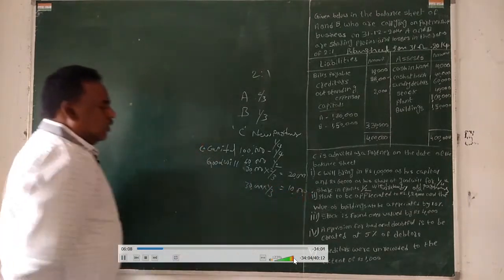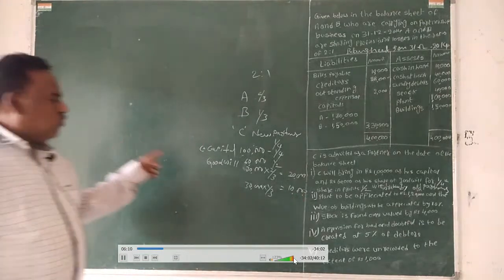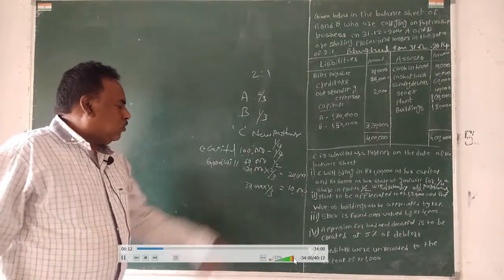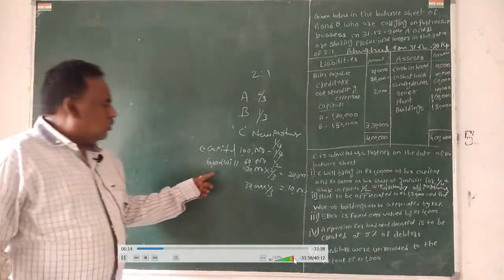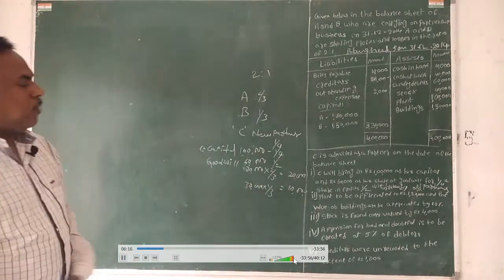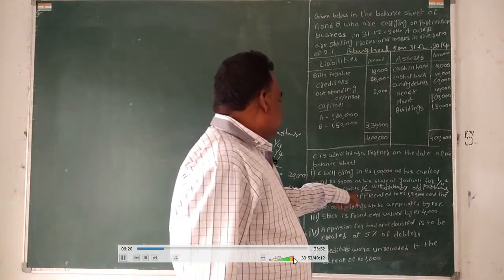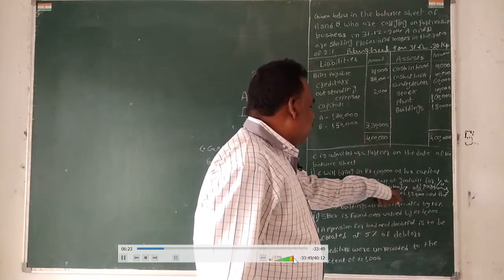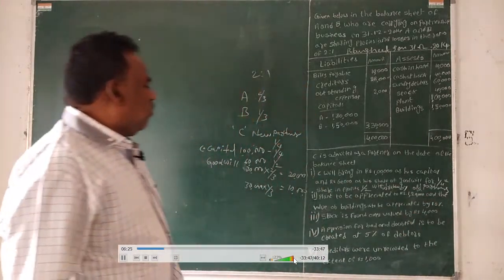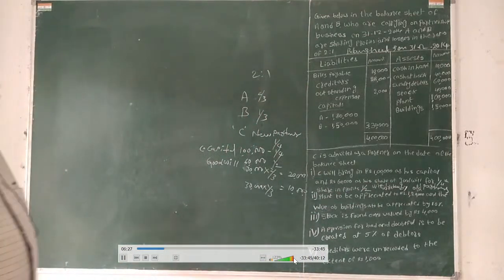Now another adjustment: plant is to be appreciated to 1,20,000. The plant cost in the balance sheet book value is 1 lakh, and it was appreciated up to 1,20,000. So 20,000 has been increased in plant. The value of plant increases from 1 lakh to 1,20,000, a net increase of 20,000.